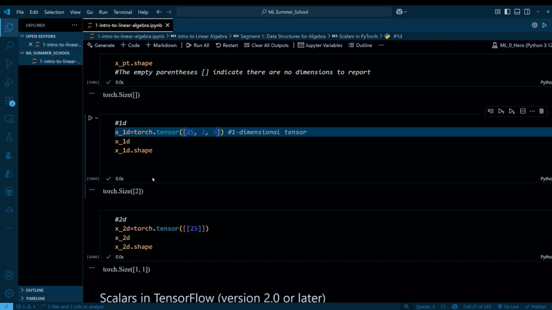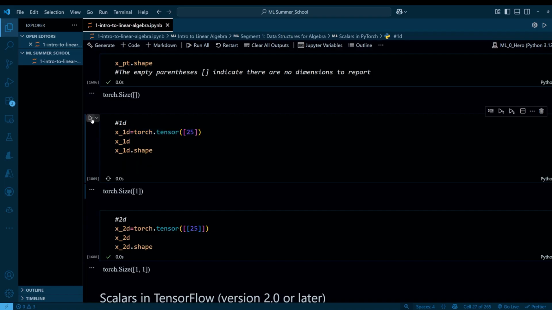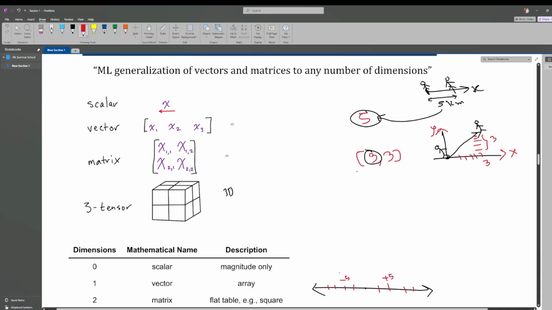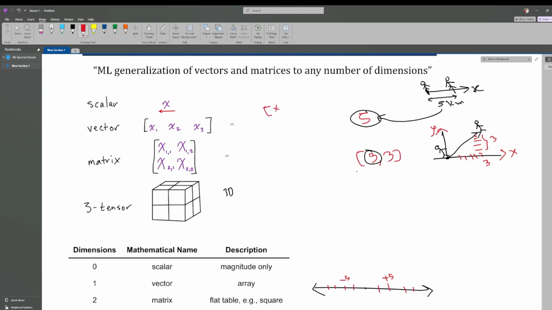But if we have only one value, a vector can obviously have length 1, length 2, length 3, whatever, right? So if we just have something like 25, what does it mean? It means in the x-axis we have 25. But when talking about a scalar, we're not considering the axis.